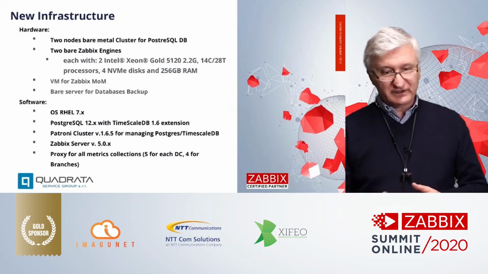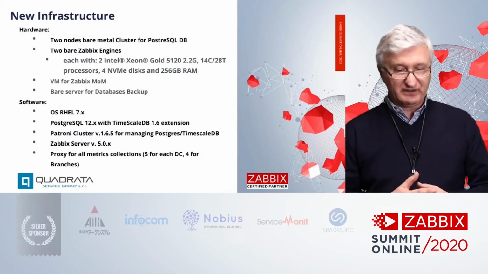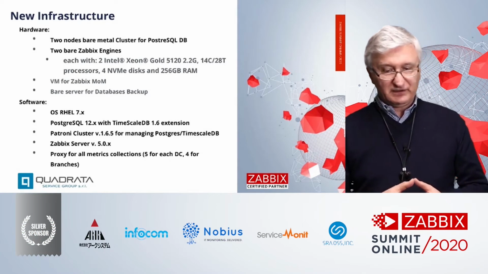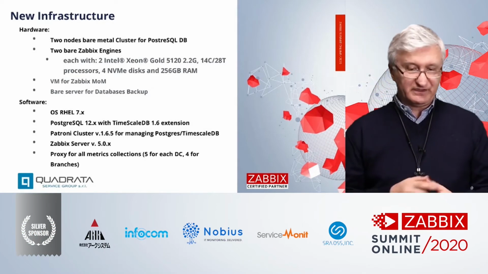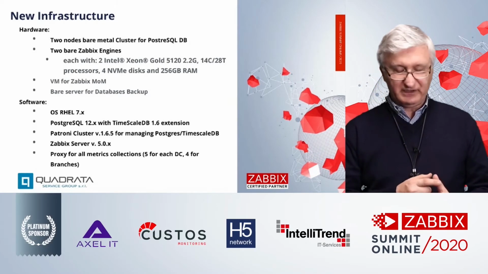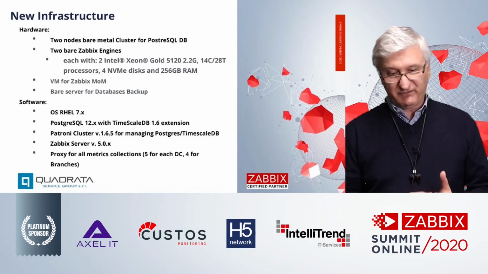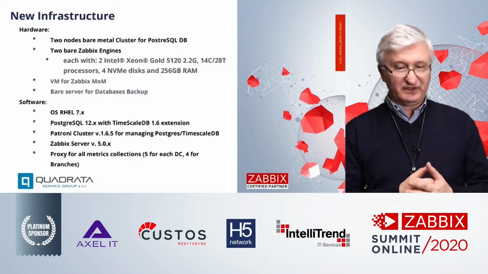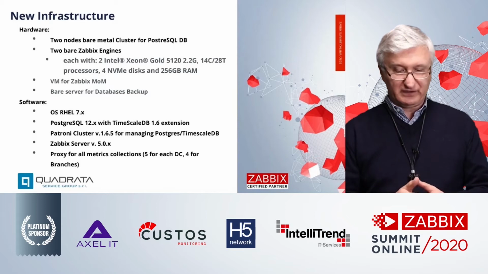As for the infrastructure, let me explain it in detail. For the database and for the Zabbix engine, we have bare metal servers, so no virtual machines in this case.